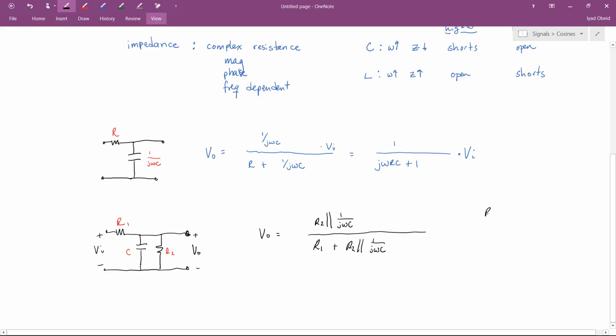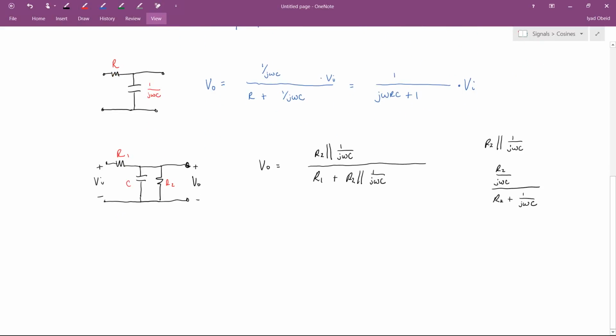So the parallel impedance, R2 parallel 1 over j omega c, is going to equal product over sum, which I can then simplify as, if I multiply through numerator and denominator by j omega c, I get R2 over j omega R2 c plus 1.